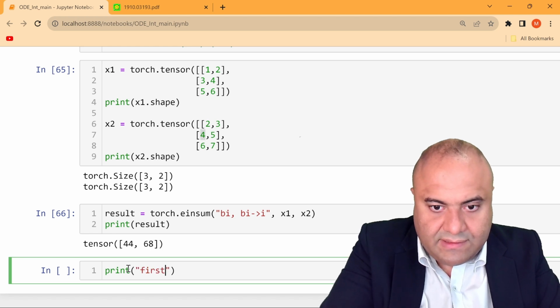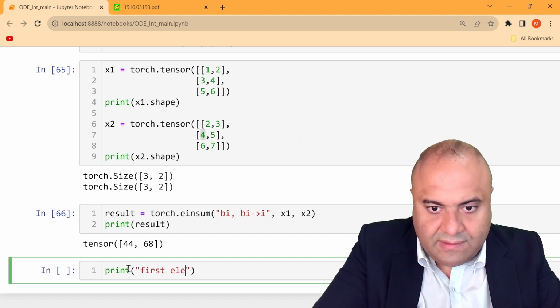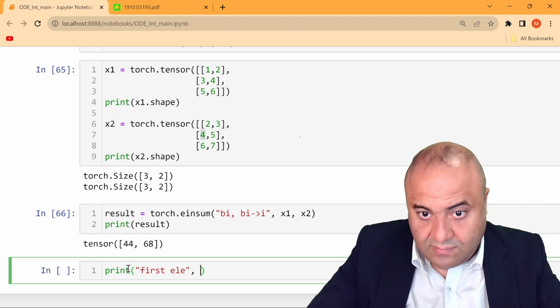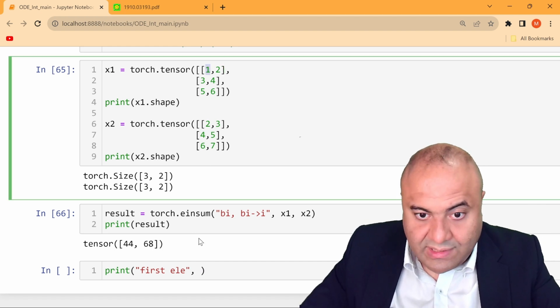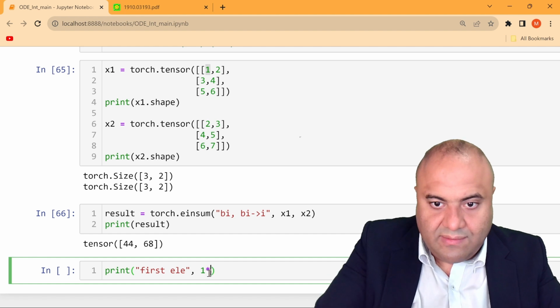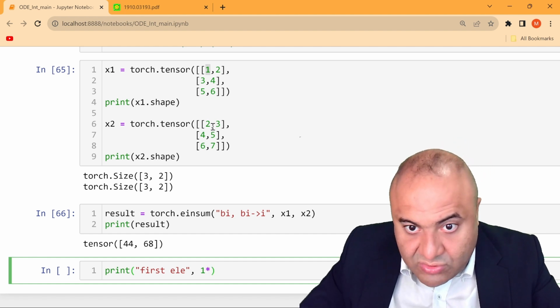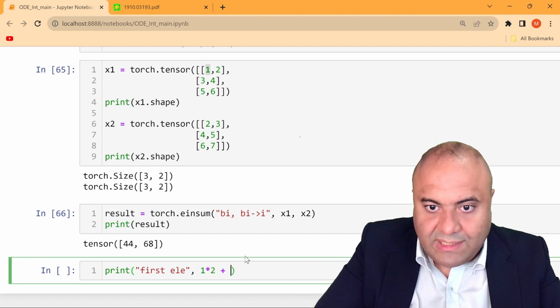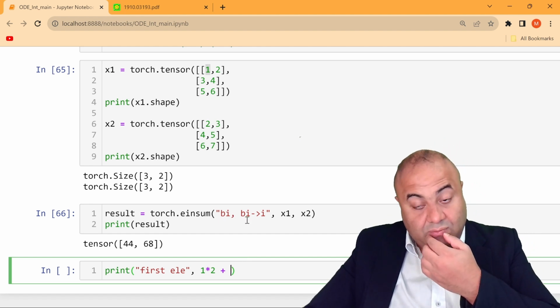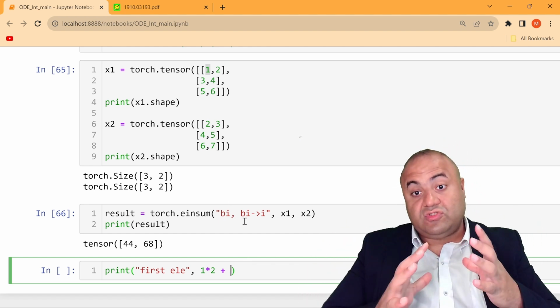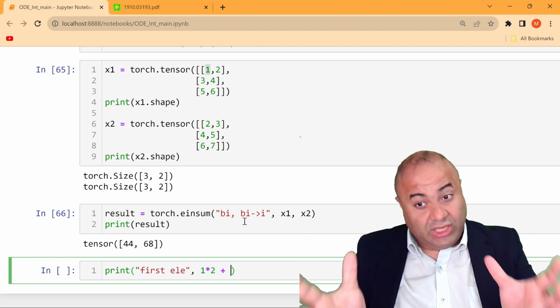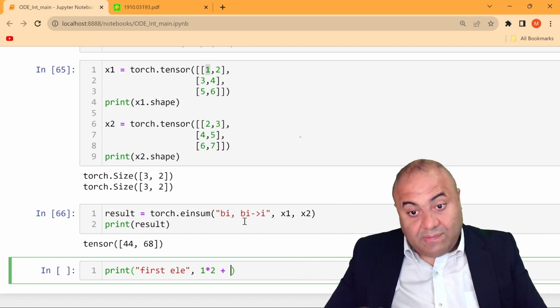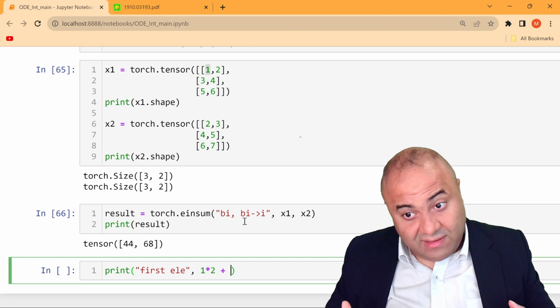Just the first element, and this is going to be 1 multiplied by 2 plus... the dimension we put, the equation we put here is going to squeeze, that will change the shape of it, and the multiplication process has to change.